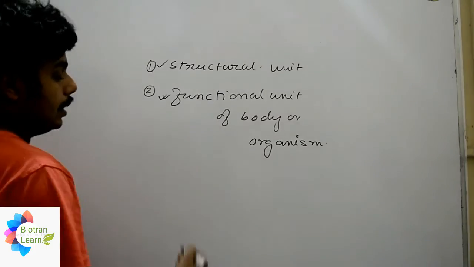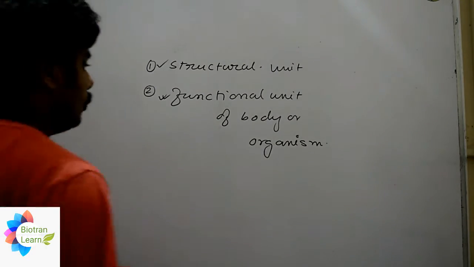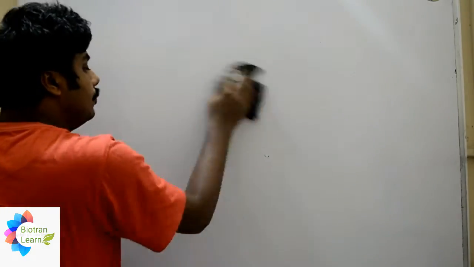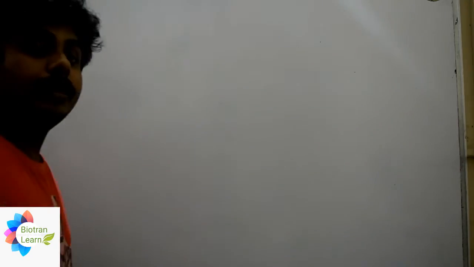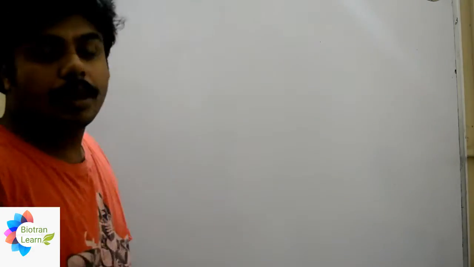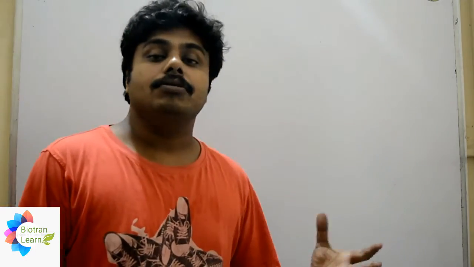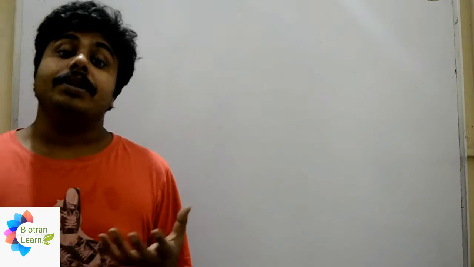From these two things we can understand that there are two features of a particular cell. The first one is the structural feature. Why is it known as a structural unit? Now we live in houses or buildings, and nowadays houses or buildings are built by bricks, right?